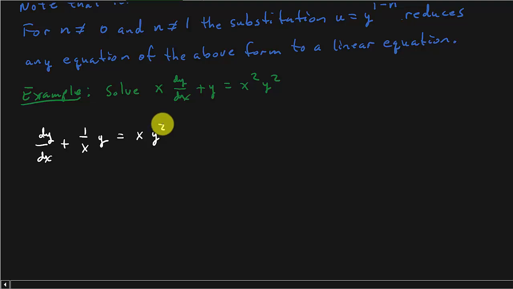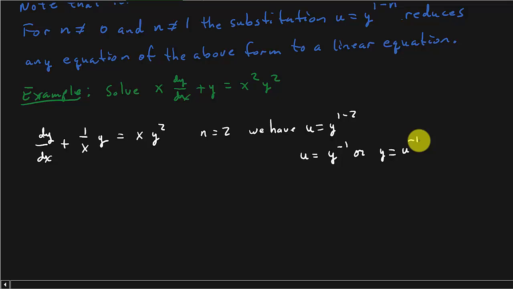Now notice here our n, the exponent on y, is equal to 2. Remember 1 minus n, so u is equal to y to the negative 1. Or we could write y is equal to u to the negative 1. Okay?